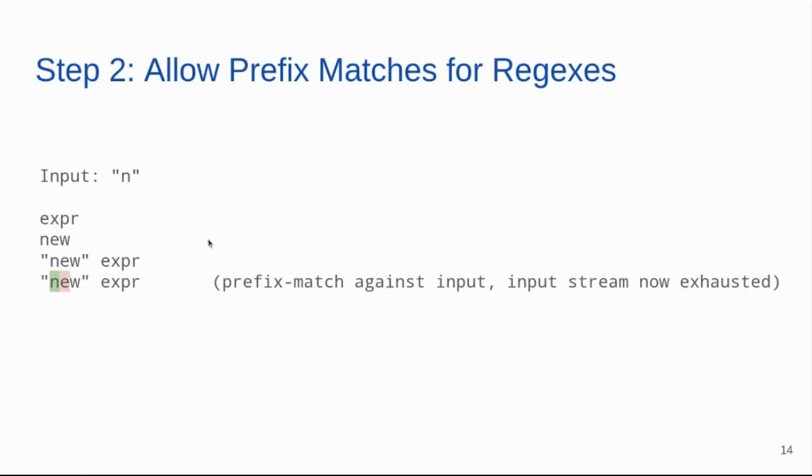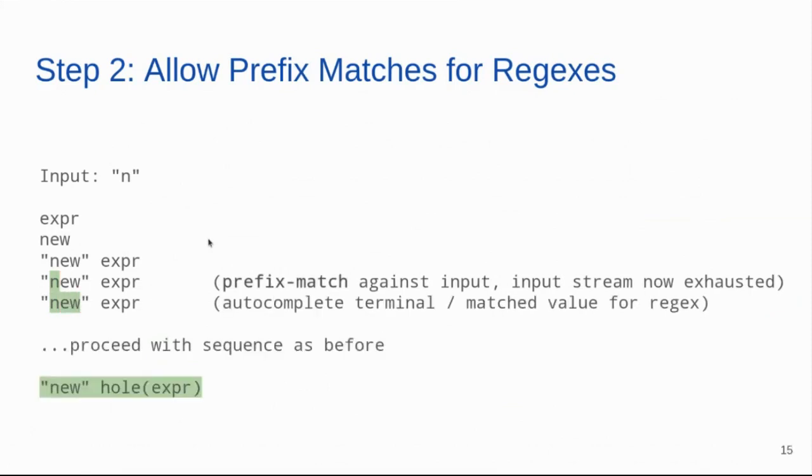For regexes, it's obviously a bit more difficult, so we usually just take the input that is there. But we've also experimented a bit with analyzing the regex and seeing if it makes sense, like, for example, if it has a literal suffix or something like that. And then, yeah, we just autocomplete the terminal or the matched value for the regex and proceed with the sequence that was wrapping this constructor as before by adding a whole expression here at the end.